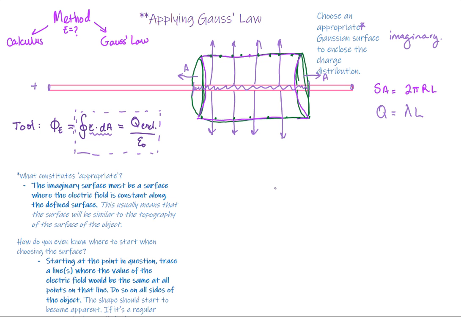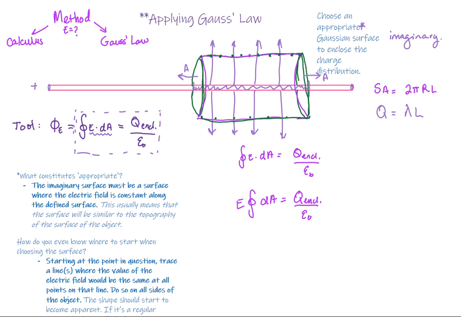All right, so when I'm ready to integrate, I'm going to start with my Gauss's law expression, and I'm going to say integral E dot dA is equal to Q enclosed over epsilon naught. First thing to do is to say E's constant over this entire surface I'm about to use, so I'm going to pull the E outside the integral.